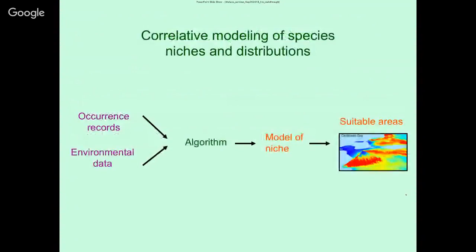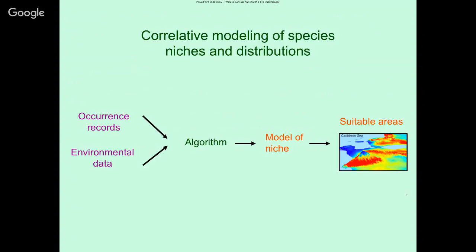So the ubiquitous slide about species distribution/niche models. I'll go over this quickly because this might be a review for a lot of you, but might not for some others. So what we'll call distribution models are models that use occurrence records of species and environmental data.